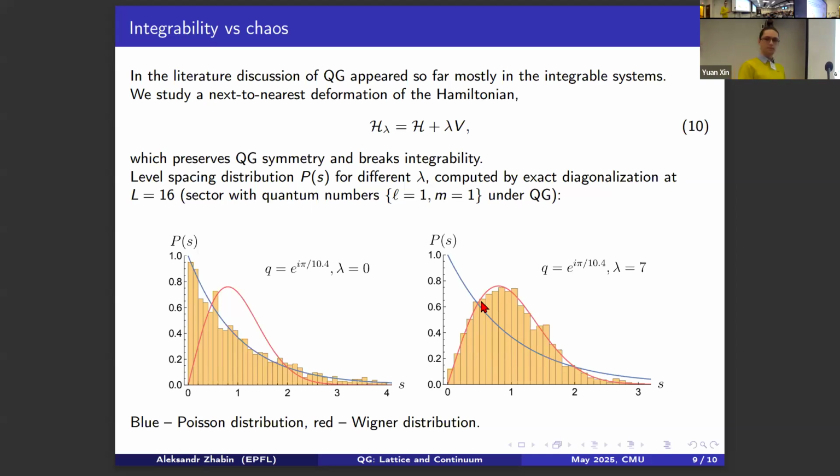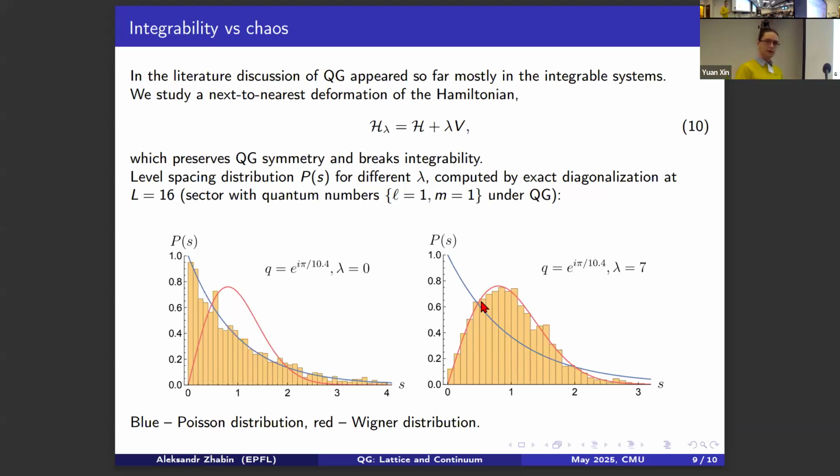So what we want to do, we study the deformation of our Hamiltonian, which breaks integrability. This deformation typically is a next-to-nearest interaction term on the lattice. So we were able to construct such a deformation.